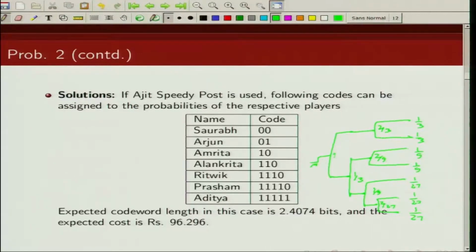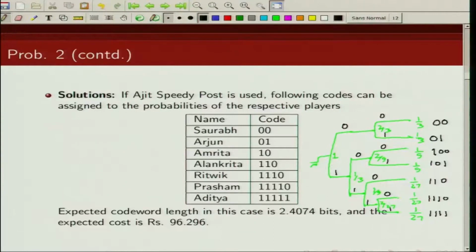Finally we get the root, this is probability 1, and if we assign zeros and ones here, 0 1, 0 1, 0 1, 0 1, 0 1, the code words will be 0 0, 0 1, 1 0 0, 1 0 1, 1 1 0, 1 1 1 0, and 1 1 1 1.